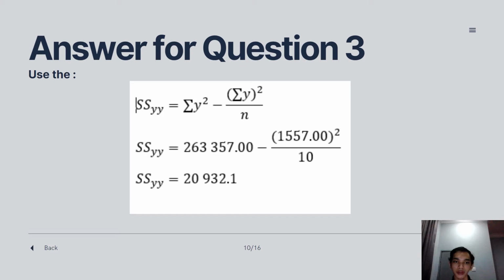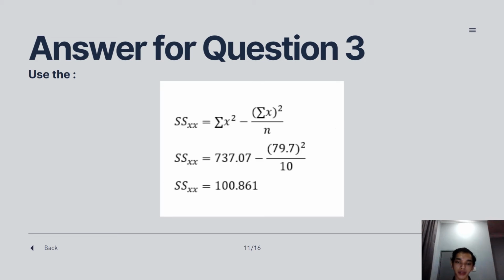And for the formula, we need to use SSYY, which is sum y squared minus sum y all squared divided by n, and we get SSYY is 20,932.1. Then we need to find the SSXX.